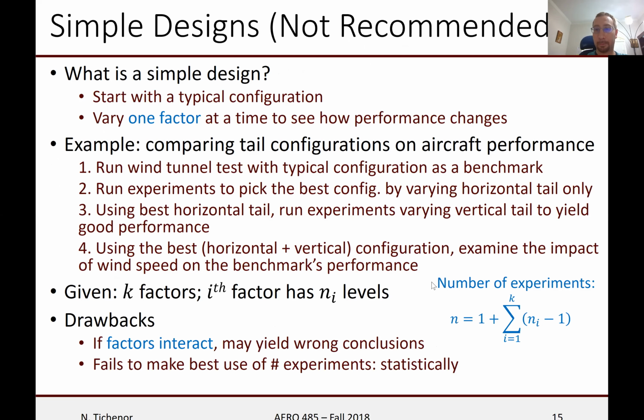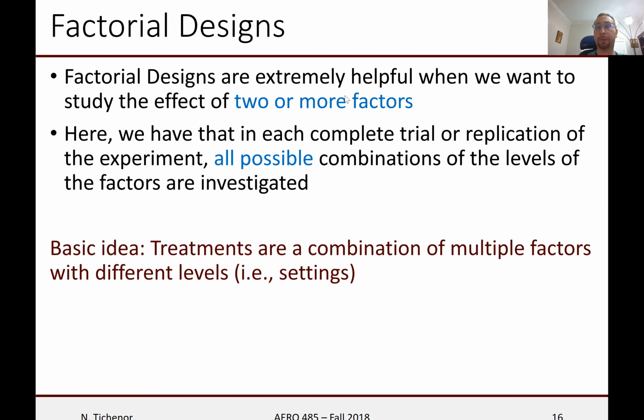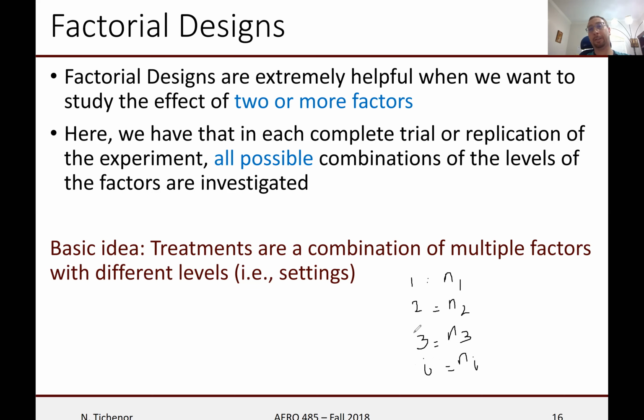in the factorial case, we are going to experiment all the possible cases. So if we have a number of factors, factor 1 takes n1 different cases, factor 2 takes n2 different cases, factor 3 n3 different cases, and factor i ni different cases.